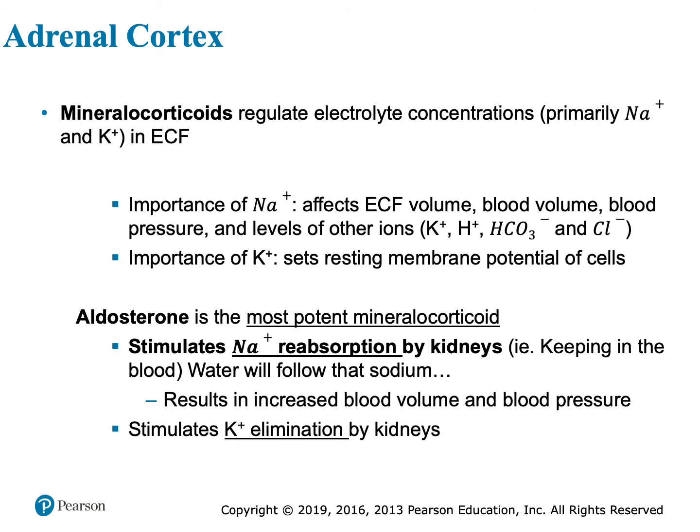If you retain sodium, that makes your blood pressure go up, because you're holding on to more water. Water follows sodium. There's going to be times that you need your aldosterone to be higher to increase your blood pressure. Hopefully not very often.